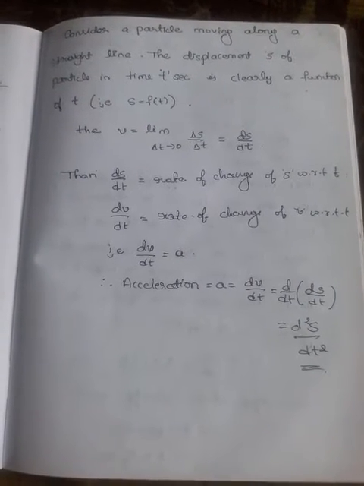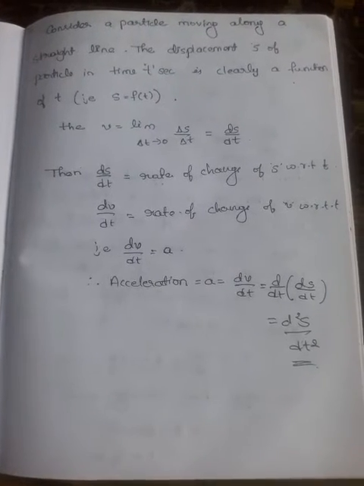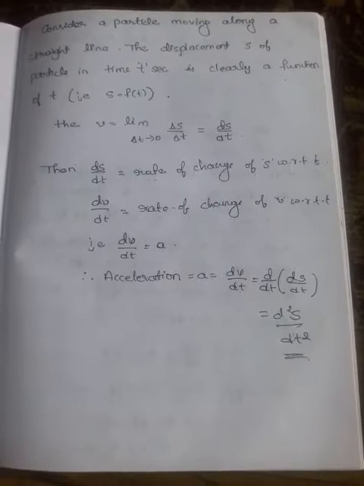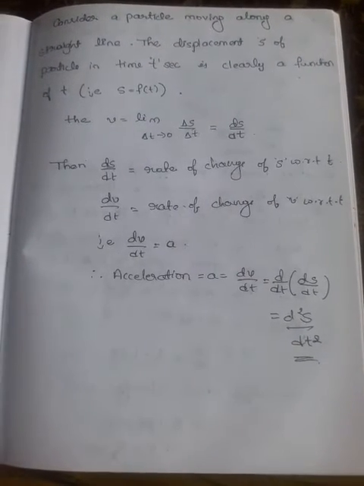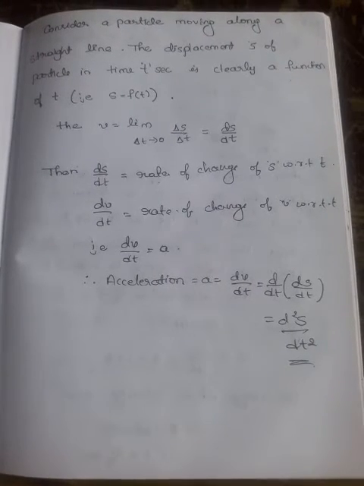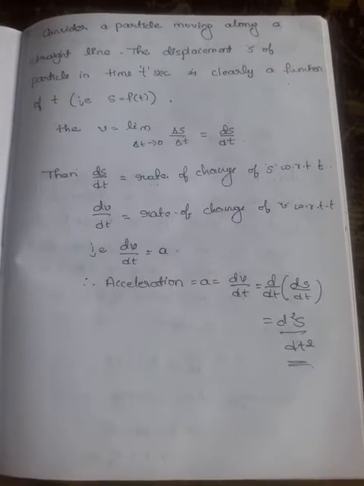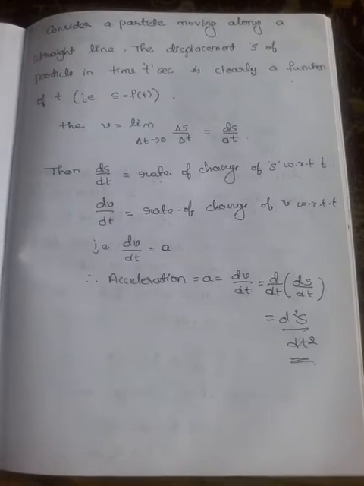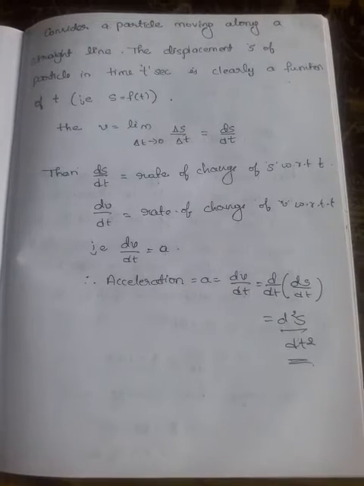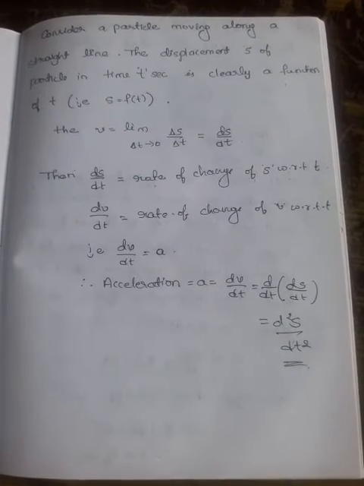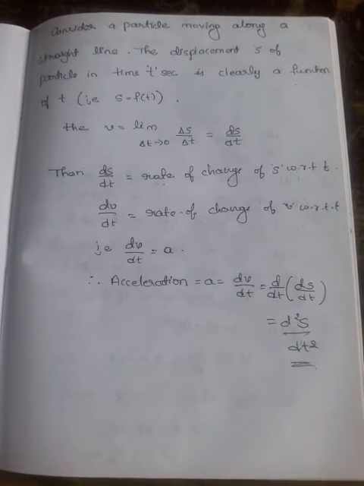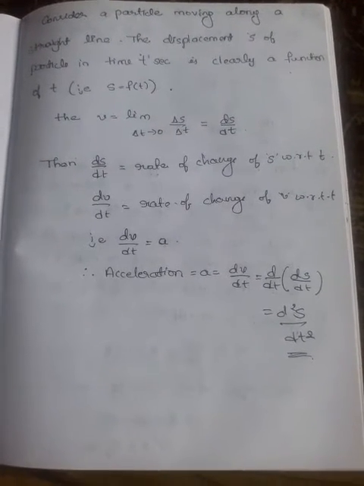We denote v is equal to ds by dt because the velocity can be interpreted as the rate of change of distance per unit change in time. That is, ds by dt is the rate of change of s, the distance, per unit change in t, that is time. In a similar way, if a quantity y is a function of a quantity x, then dy by dx is the instantaneous rate of change of y per unit change in x.